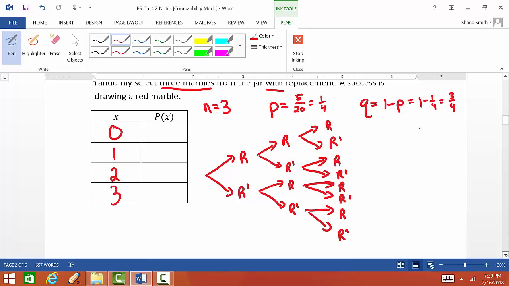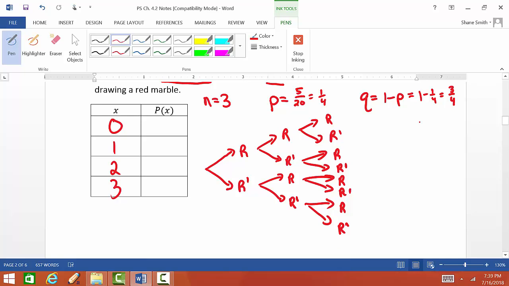Okay. And basically, each path on this tree diagram is one instance in the problem. So for example, every time there's a red marble, that's a 1/4 chance of taking that path, and every time there's an R prime, that's a 3/4 chance. So I could write 1/4 and 3/4 on each branch where there's an R and R prime, but I'm not going to, because I think I'd run out of room and it'd get kind of messy.